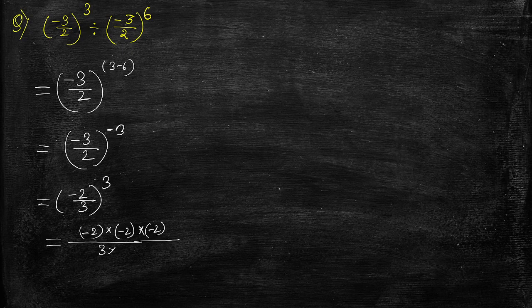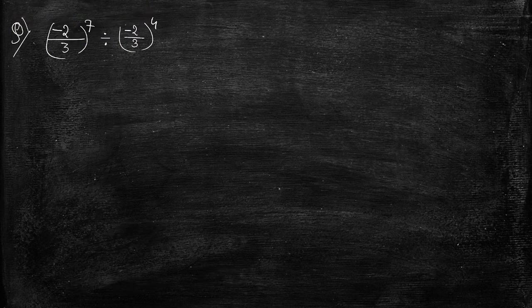And 3 also gets multiplied 3 times. So that is minus 8 by 27. You got your answer. Now solve it by yourself. Pause the video and solve.